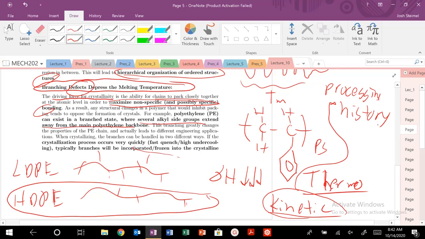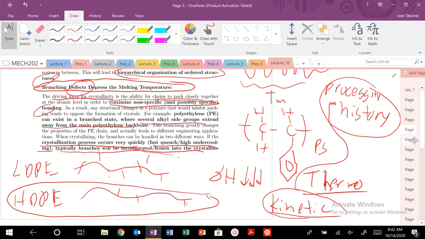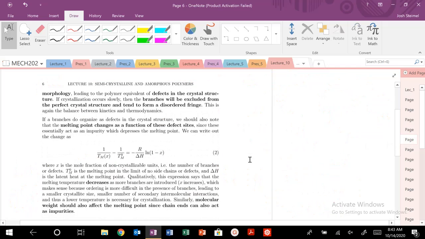So let's take a look at one way processing can affect the properties of these polymers. If I quench, if there's a high degree of undercooling, so if I put my polymer directly from the melt into liquid nitrogen, these branches are going to be frozen into the crystalline structure. So there are even more defects.